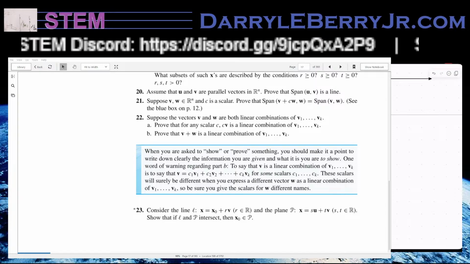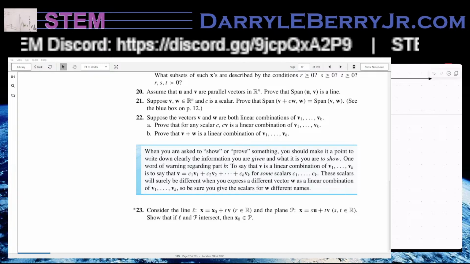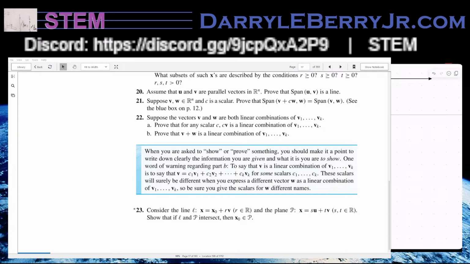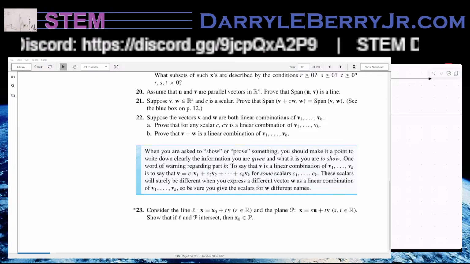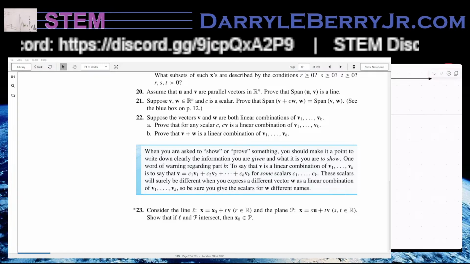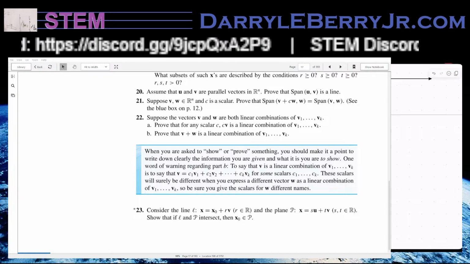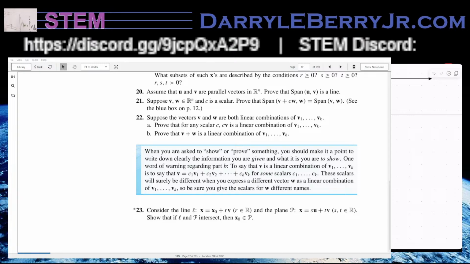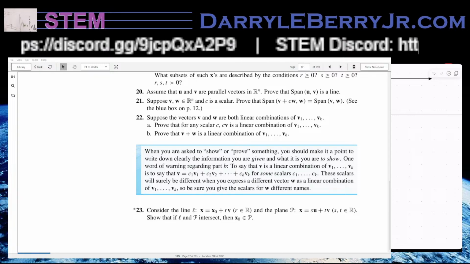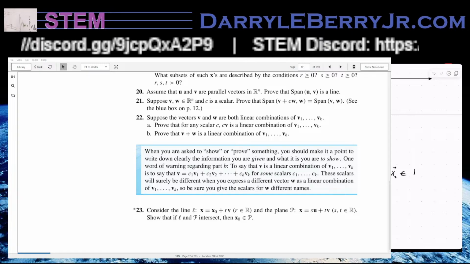And the plane P is going to be x equals su plus tv. And we could assume that these v's are the same since they're both named the same, those vectors. So it wants us to show that if L intersects P, then x naught is in P.